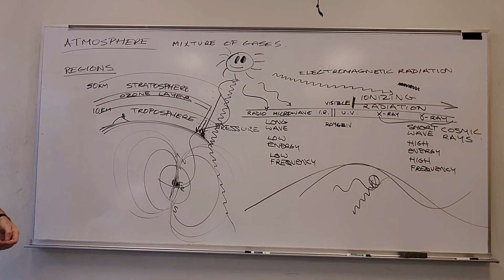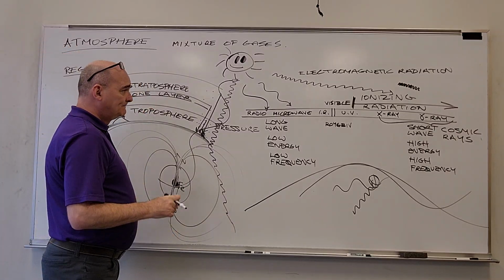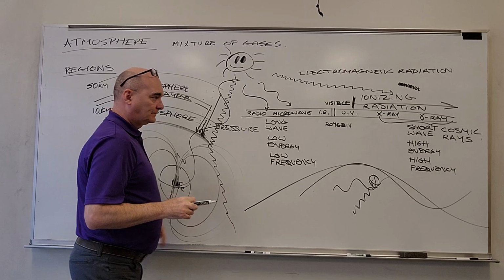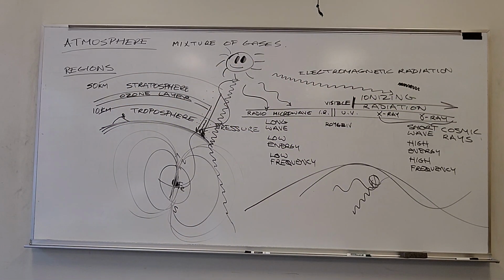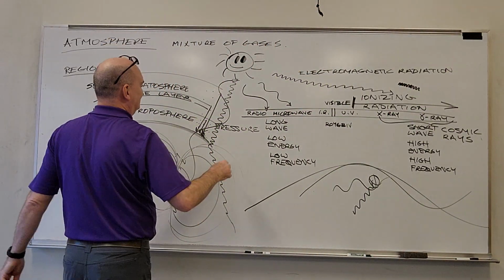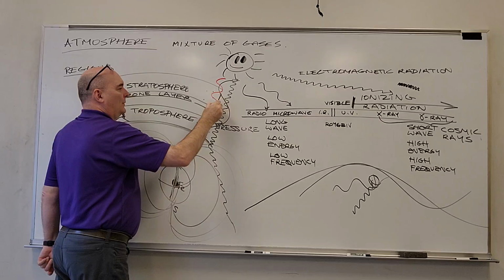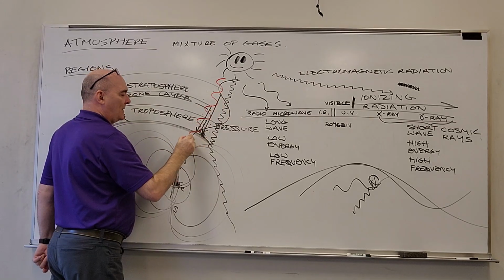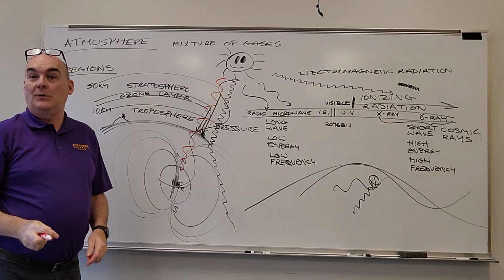Very, very high energy, deleterious, dangerous waves. Now, ultraviolet is at the low end of dangerous. So, this is my ultraviolet ray and it gets through.